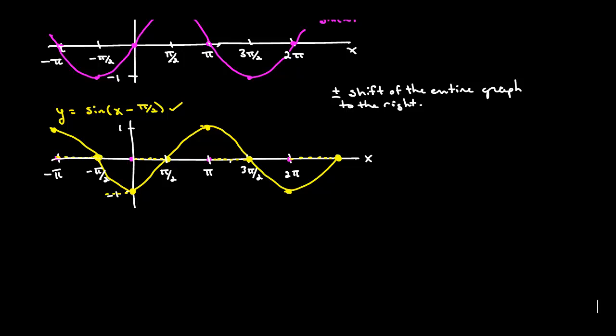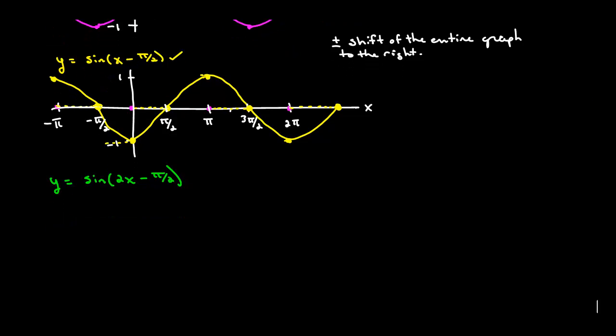So what we want to graph out now is y is equal to the sine of 2x minus pi over 2. Okay, so again, we'll graph out our system here. Here's x.